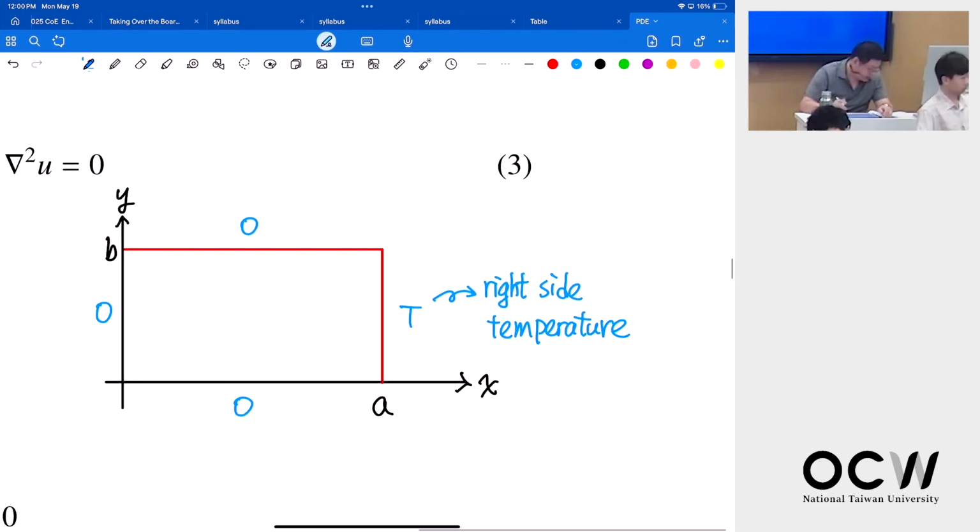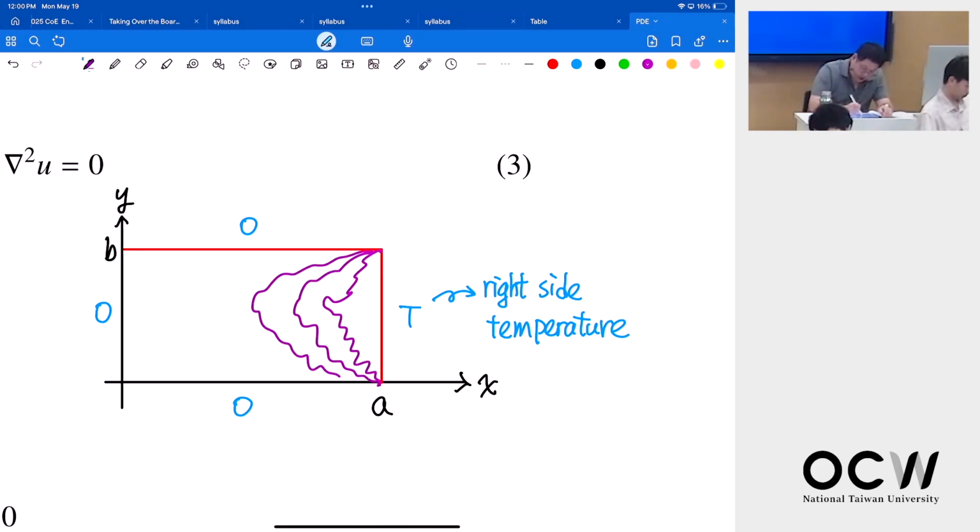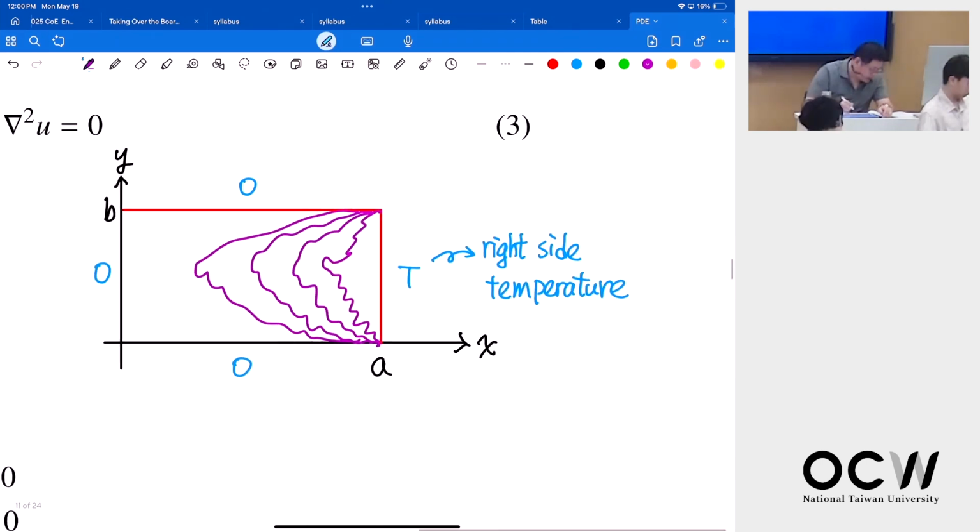And you can see the temperature distribution maybe like this. This is the distribution of the temperature.